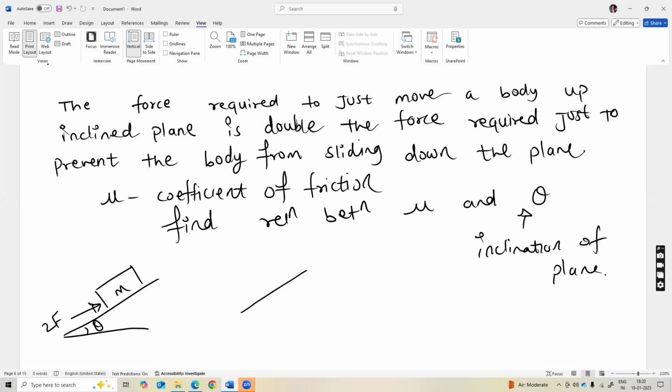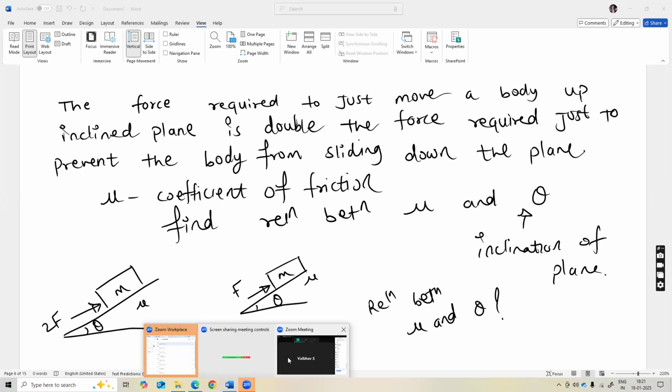And if you want to stop it, since it is on a plane, this body will start moving downward, so to stop this downward motion you need to apply force F so that it won't come downwards. So there are two possible cases, and mu is the coefficient of friction in both cases. We have to find the relation between mu and theta.